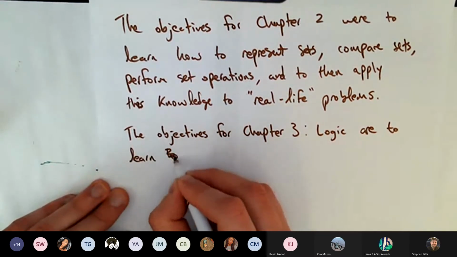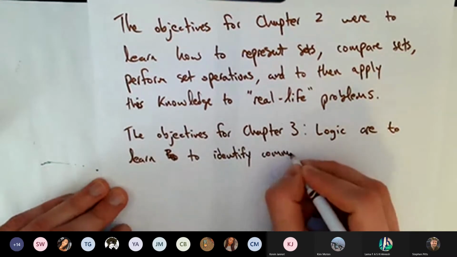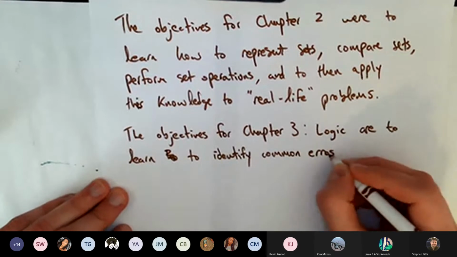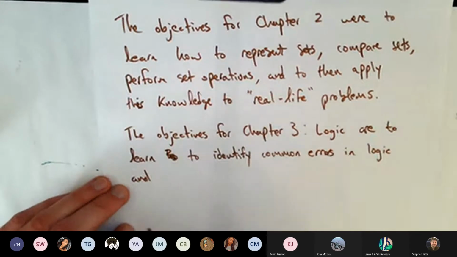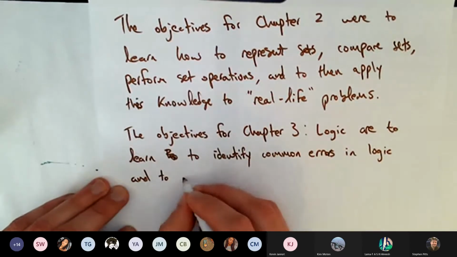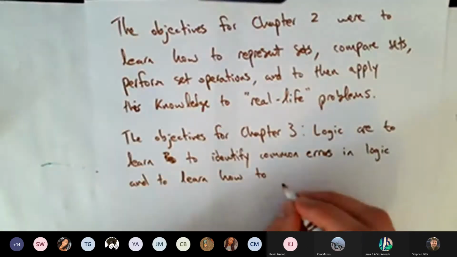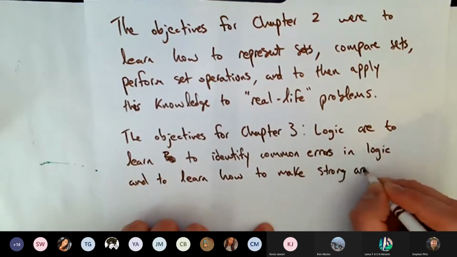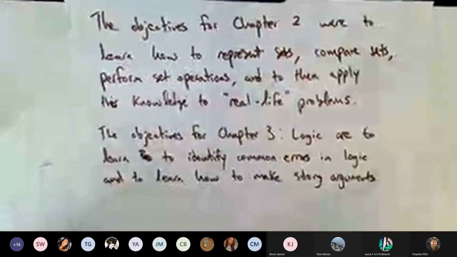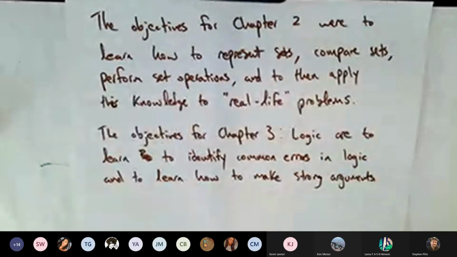Learn to identify common errors that people make, errors in logic. To learn to identify common errors in logic. And to learn how to make strong arguments. Okay, so that's kind of vague, but I just want to give you a little idea about what we're going to do before we just get straight into it. And I'm not leaving myself a lot of time to get straight into it, but that's okay.